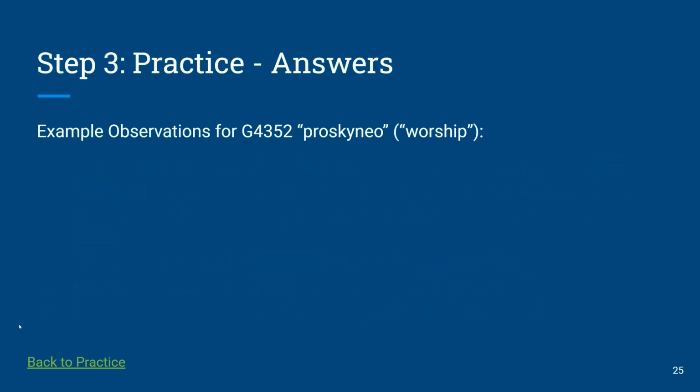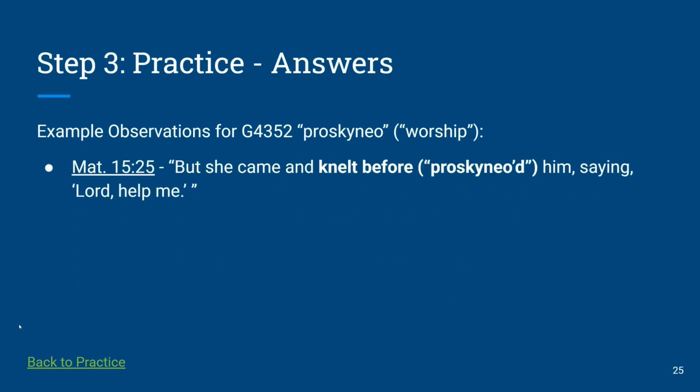Another example for a way we could make observations in a passage context is in Matthew 15:25, which says, "But she came and knelt before him, saying, 'Lord, help me.'" A first observation is that the word worship doesn't actually occur in the English here. The word proskuneo is under the surface.